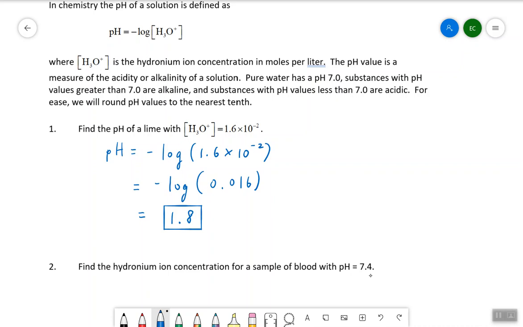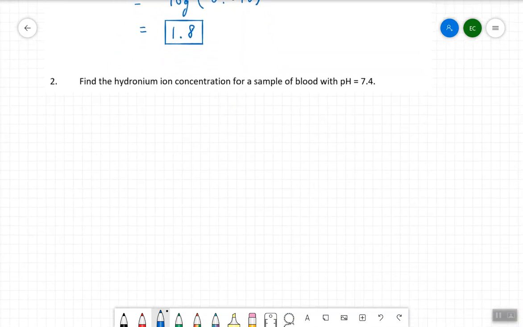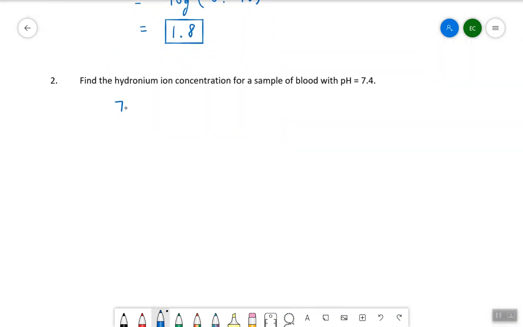That's the pH given in the problem, is equal to negative log of the hydronium ion concentration. So 7.4 is equal to negative log of this.